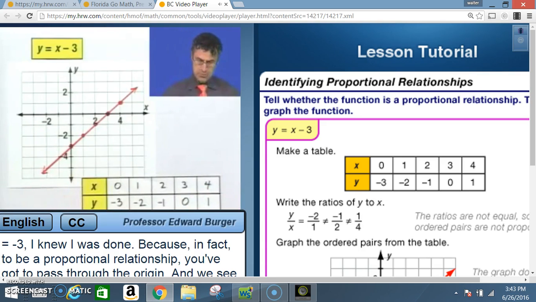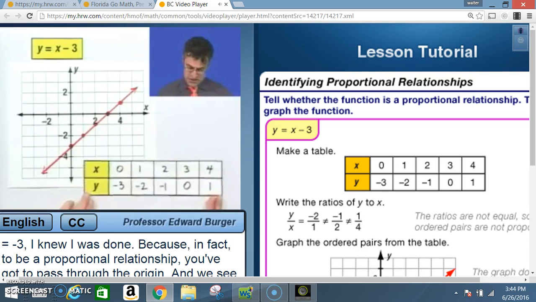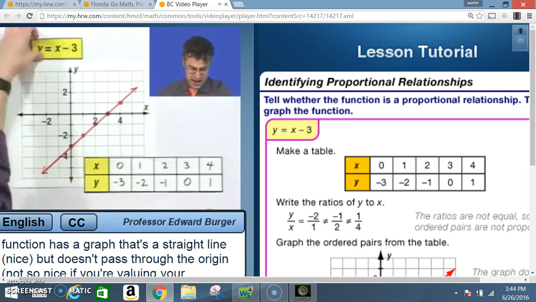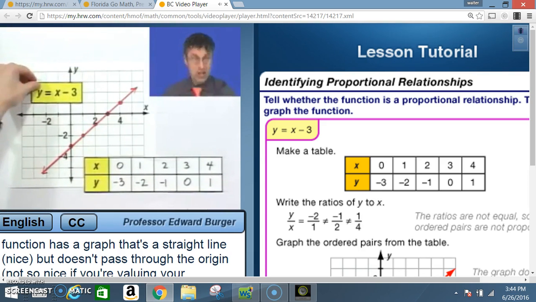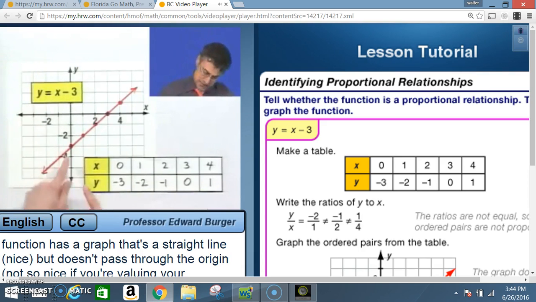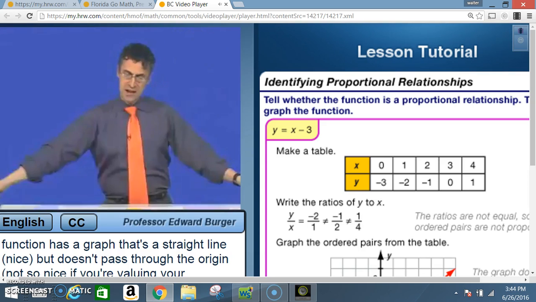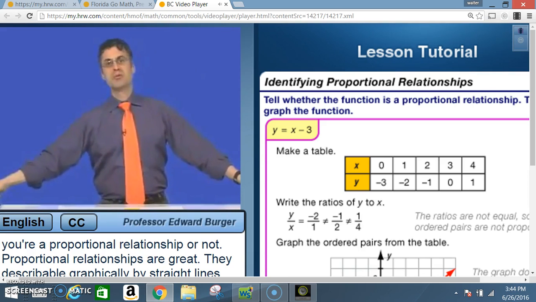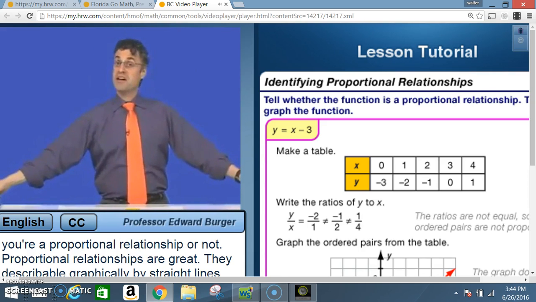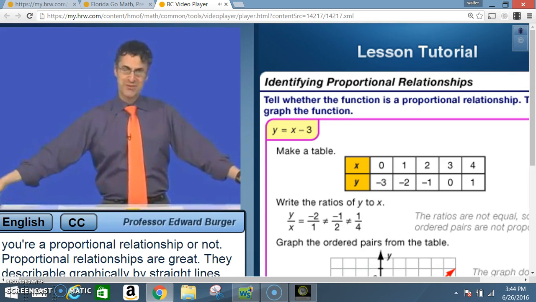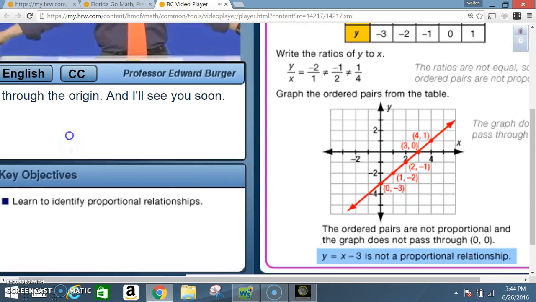Because to be a proportional relationship, you've got to pass through the origin. This function has a graph that's a straight line, nice, but doesn't pass through the origin. Not so nice, if you're valuing your niceness on whether you're a proportional relationship or not. Proportional relationships are great. They're describable graphically as straight lines passing through the origin. And I'll see you soon.